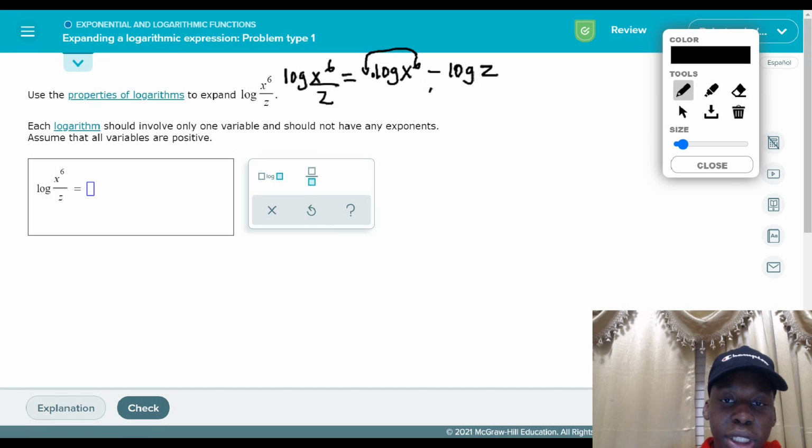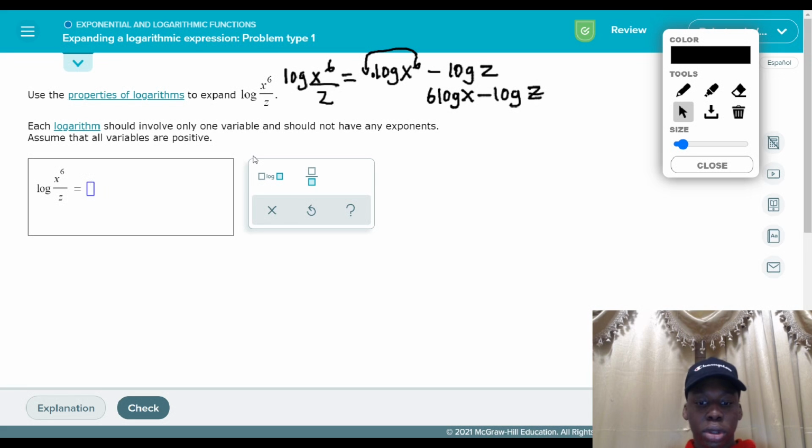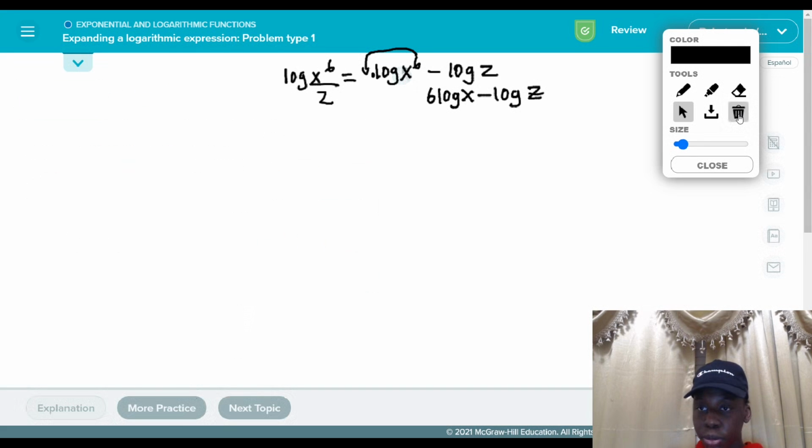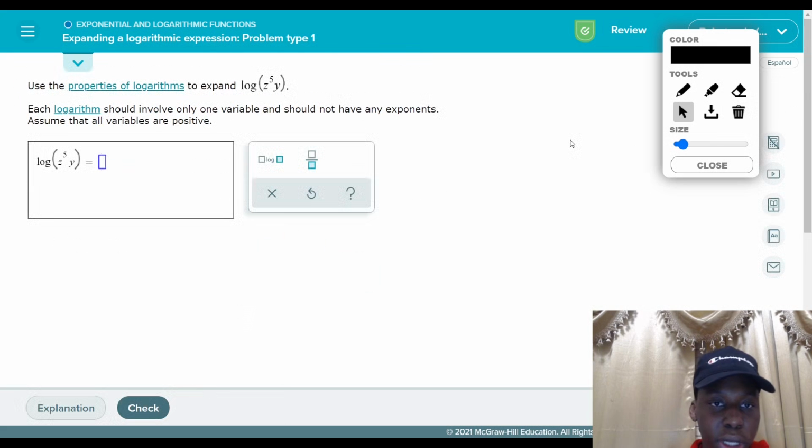So this is going to be 6 times log x minus log z. Let's check that out. So this is going to be 6 log x minus log z. Check.